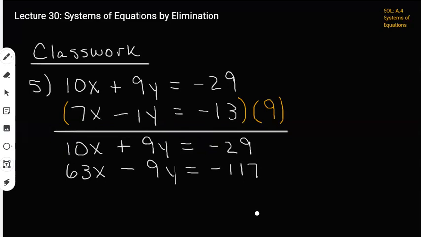So now, notice that the y numbers match up. Look at the numbers in front of the y. I've got a positive 9 and a negative 9. Now I can add those up to get 0. So I'm going to put a plus sign off to the side inside parentheses, and add these two lines. 10x plus 63x is 73x.